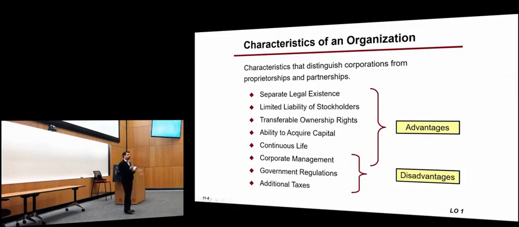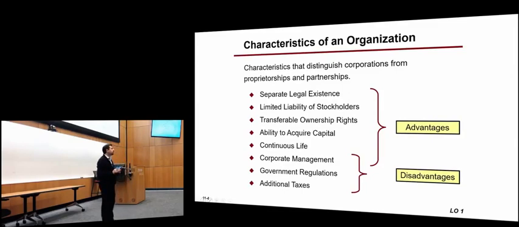If you remember, the liability of the owners of a proprietorship or partnership extends beyond the resources of the company. So for example, if the company goes bankrupt, the bank will go after the partners who own that company. This is with proprietorship and partnership.